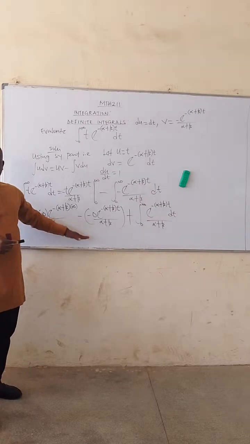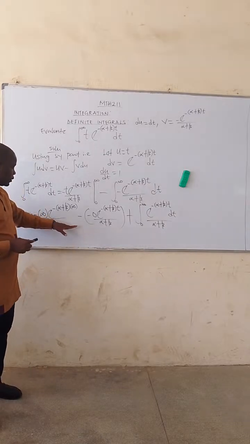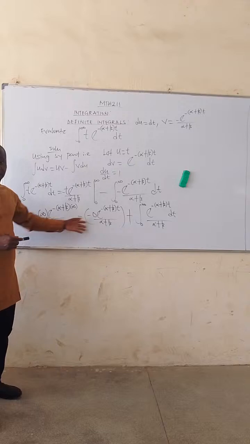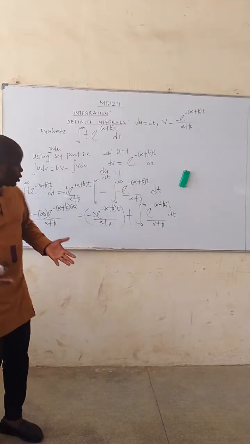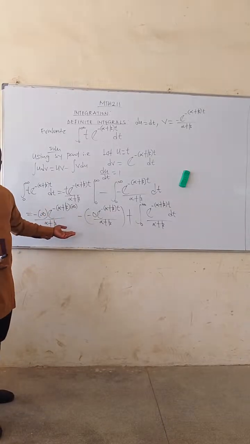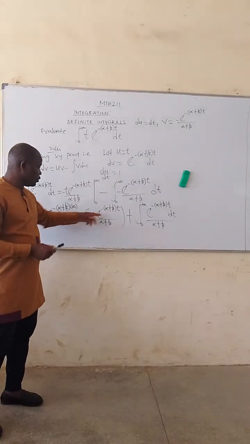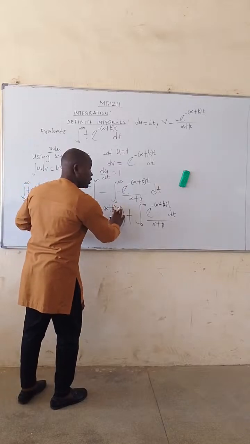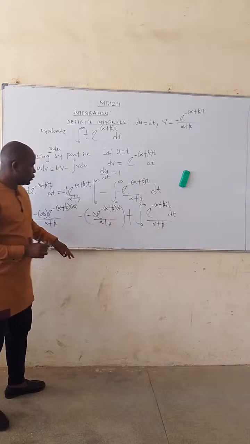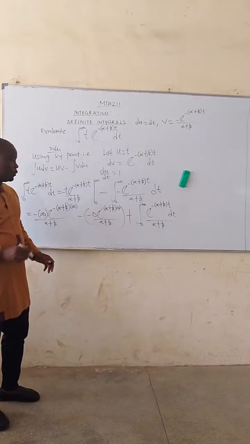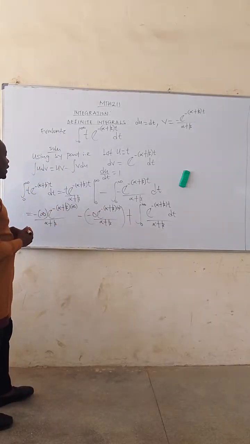I'm doing this for the sake of balance. If not, it's not necessary, because this infinity will give 0. This 0, if you use 0 to multiply, here is supposed to be 0. So it will give you 0.